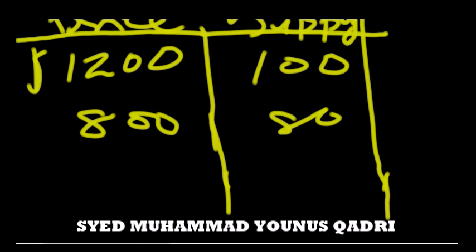So once the price goes down from 1200 to 800, the supply will also go down.